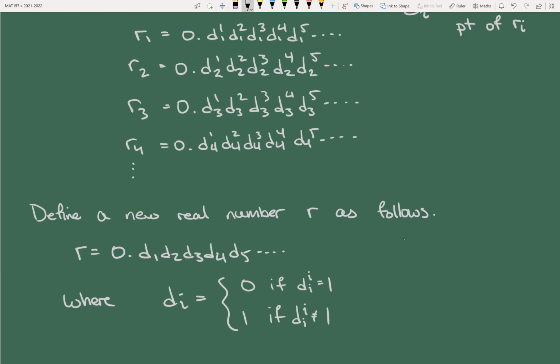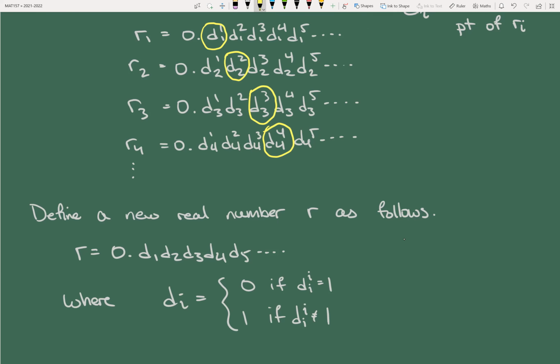Here's the diagonalization portion. I want you to look at these numbers. This is the diagonal part. Look at each thing that I've circled in yellow.